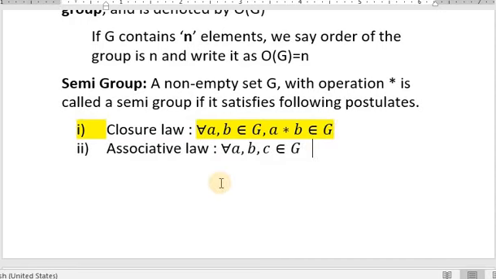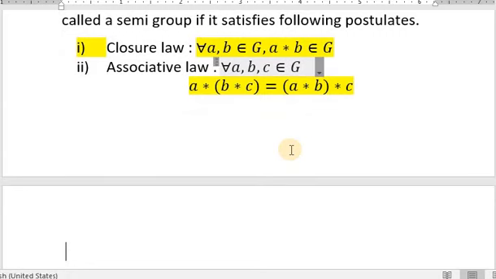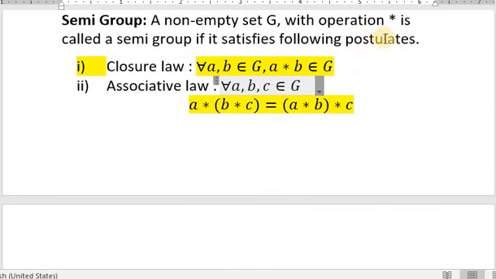Associative law is nothing but for all a, b, c belongs to G implies (a star b) star c is equal to a star (b star c). See, if any non-empty set G satisfies these two conditions, we call it a semigroup.